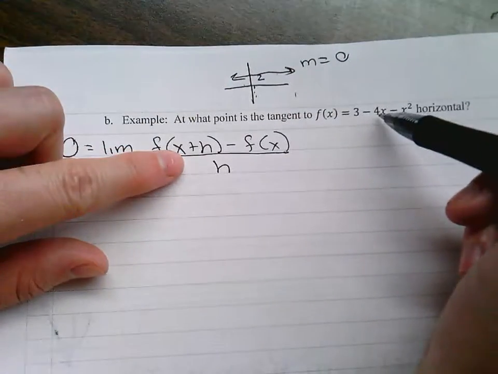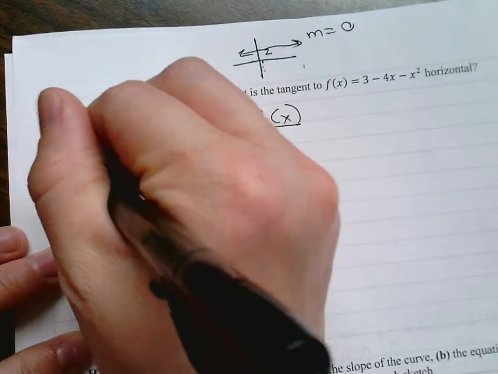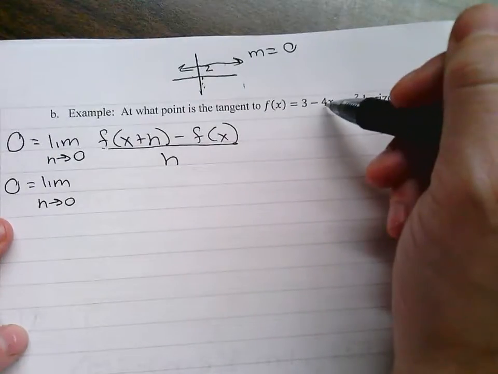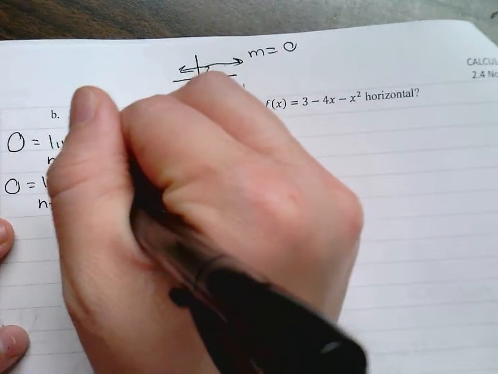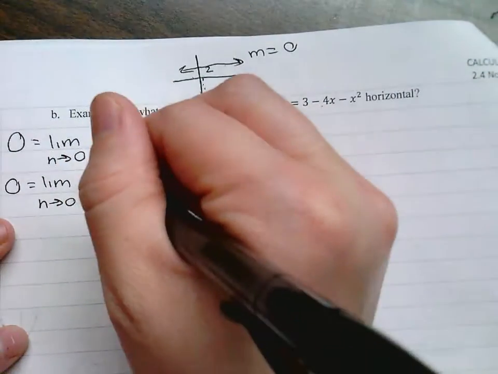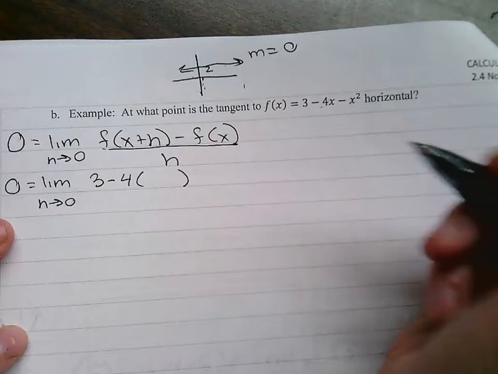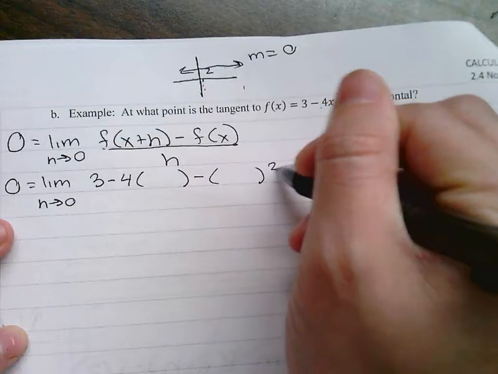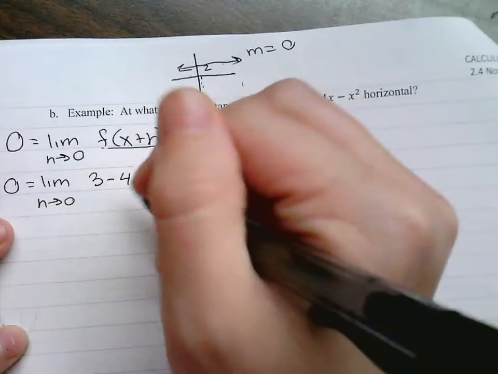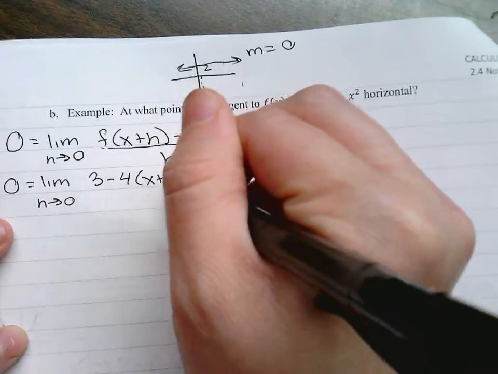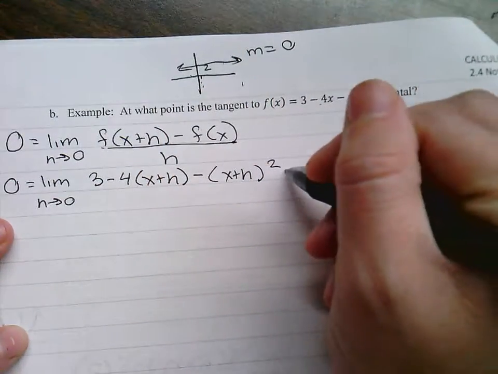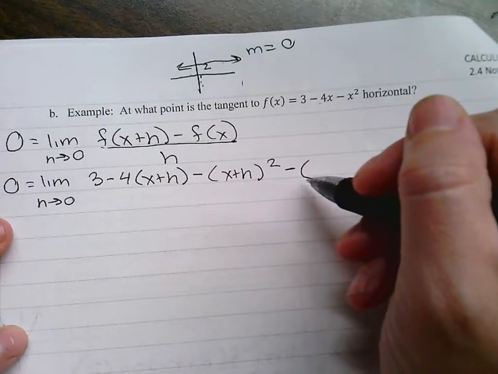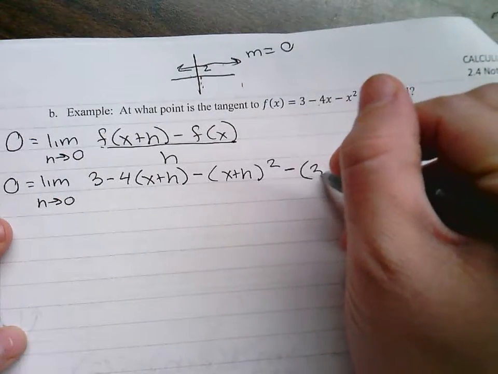Where I see x in here, I'm going to put x plus h. So here's my f of x. So I'm going to have 3 minus 4, where the x is, minus x squared. So where I see x, I'm going to put x plus h, minus f of x. So f of x is this whole thing right here. Don't forget to put parentheses in here because you're going to be distributing that.